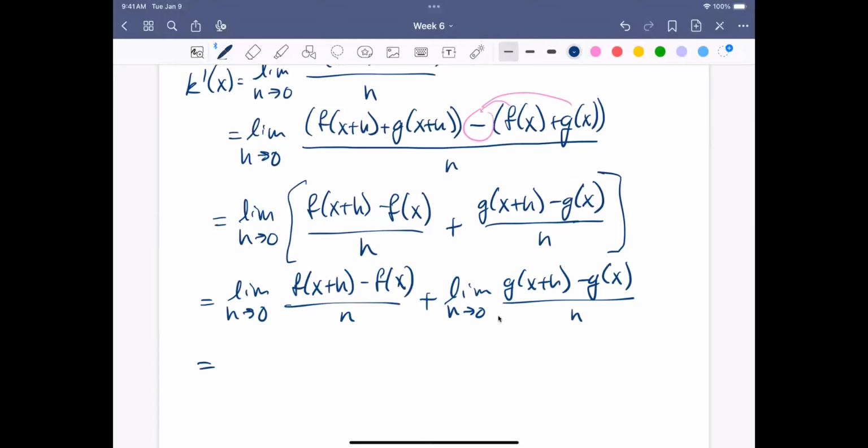So that first one, what does it look like? This first one, the definition of what?